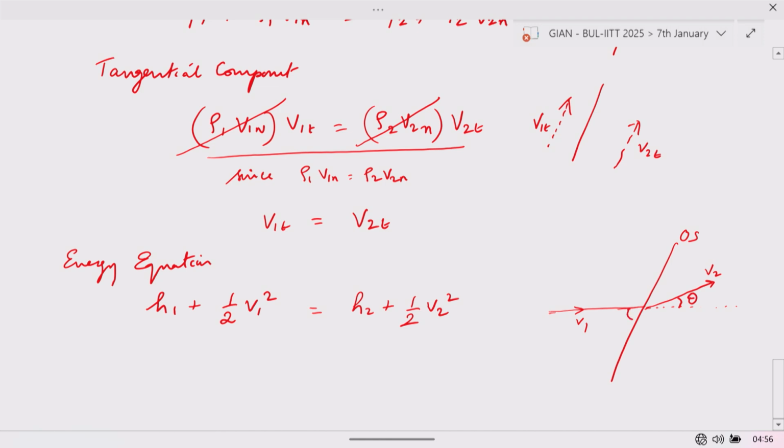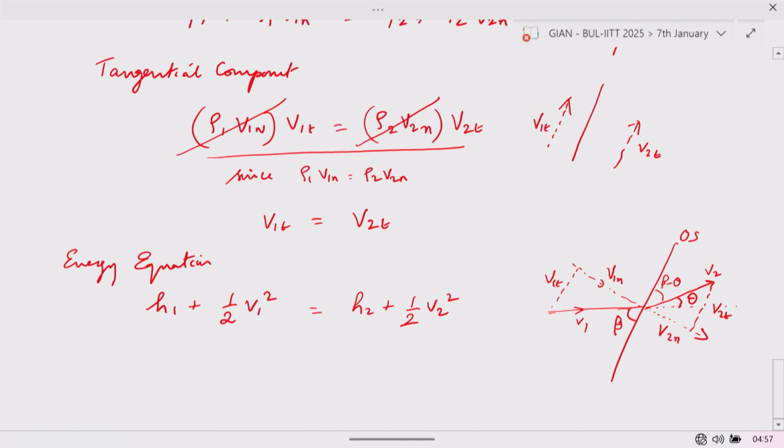The flow that encounters the oblique shock at an angle beta will have its normal component v1n and its tangential component v1t. Similarly, the flow that leaves the oblique shock at an angle beta minus theta to the oblique shock will have its normal component v2n, and then v2t.